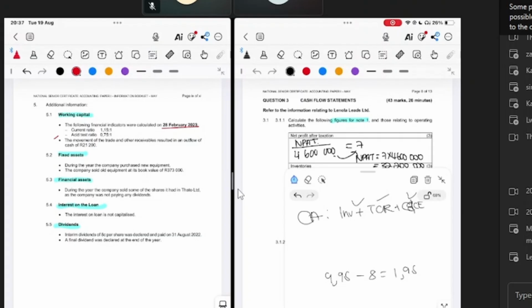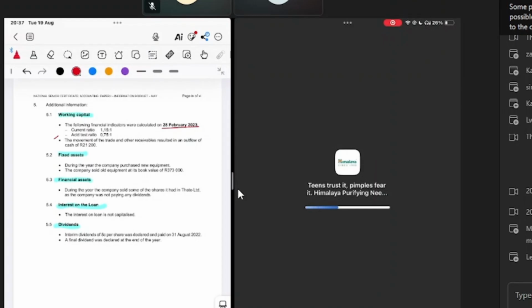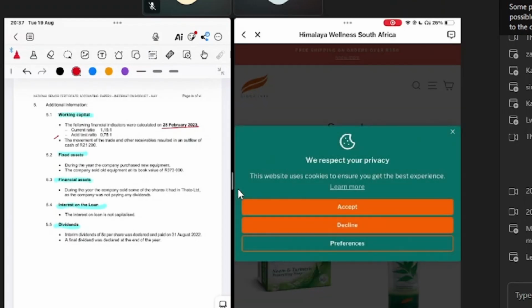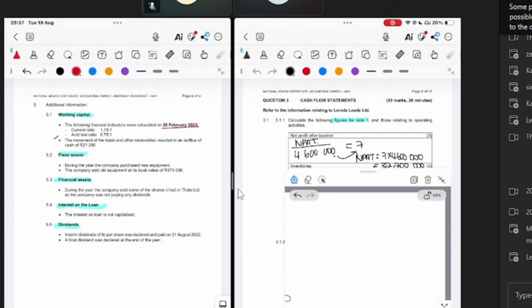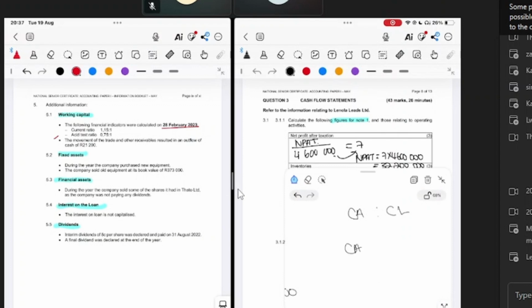Now, they're saying that the asset test ratio is your current assets minus your inventories. So the current ratio is just your current assets to your current liabilities. And in your asset test ratio, it's your current assets minus inventories to your current liabilities.